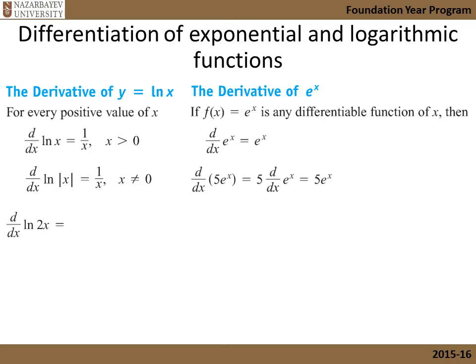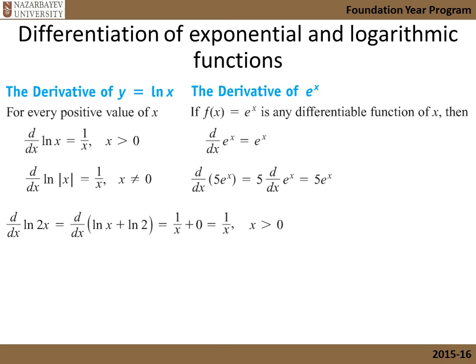If we take ln 2x, we can use the logarithmic rules, and we can express this ln 2x as ln x plus ln 2, and we know that ln 2 is a constant, so the derivative of that will be equal to 0, and finally we will obtain 1 over x and define again our x greater than 0.